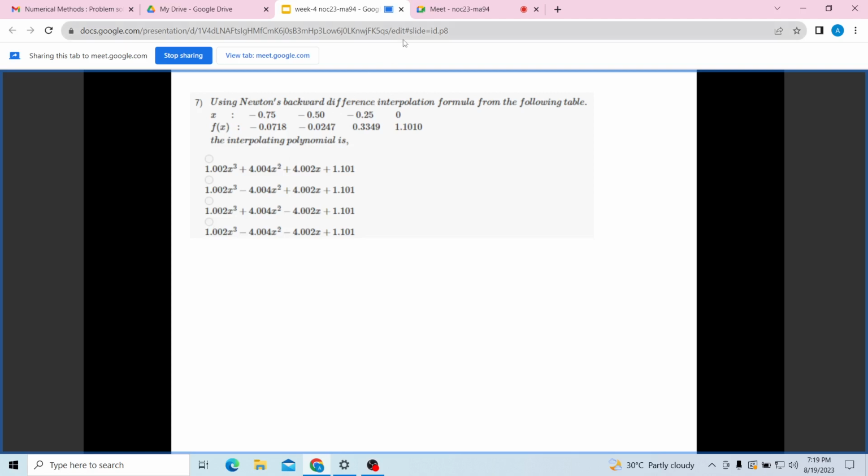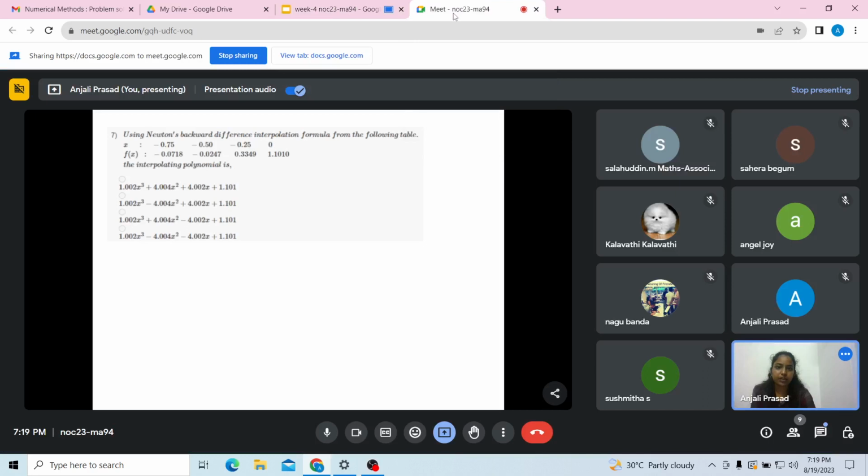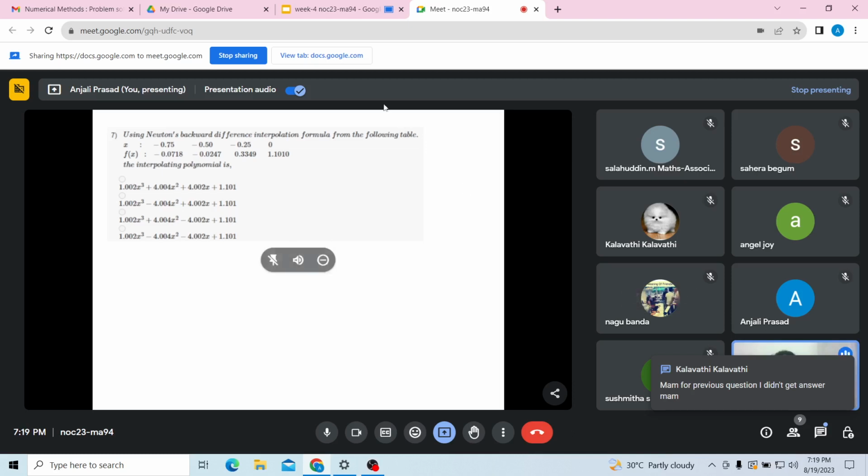Substitute the values in Newton's backward difference interpolation formula and be careful while solving it. You didn't get the answer for the previous question?